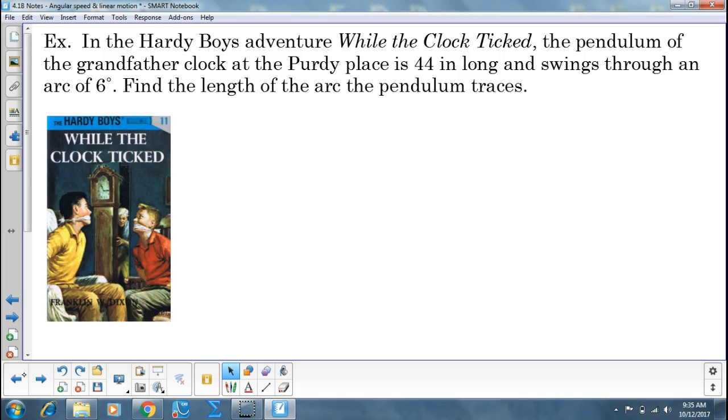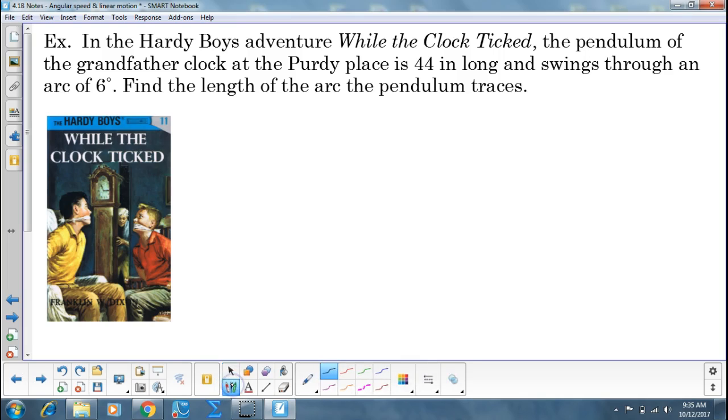Now for me, I like to draw myself pictures. I'm not very good at drawing pictures, but I don't have to be very good, just so I get a general feel of it. So the grandfather clock at the Purdy house is 44 inches long, and it swings through an arc of 6 degrees.